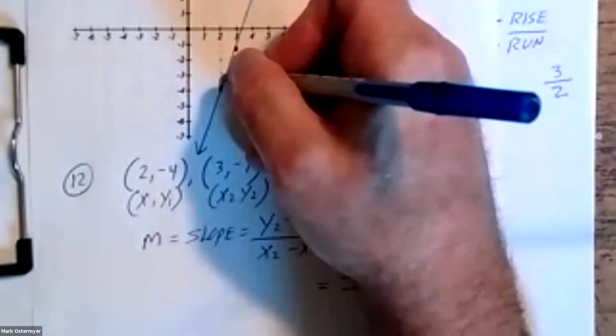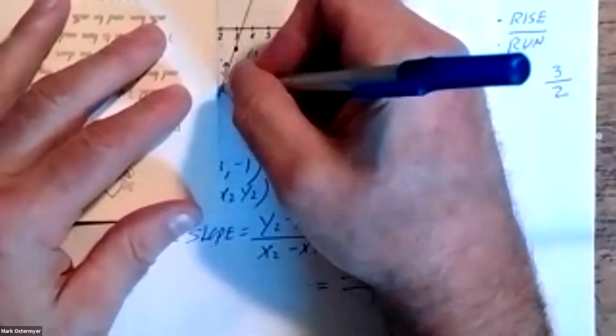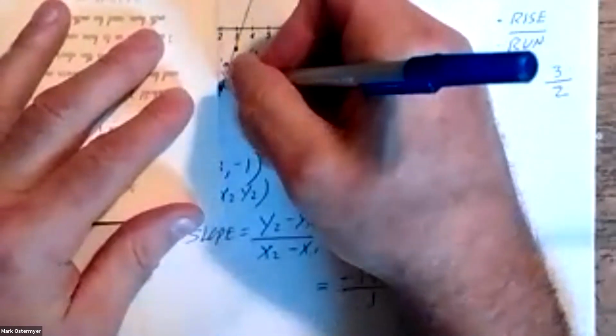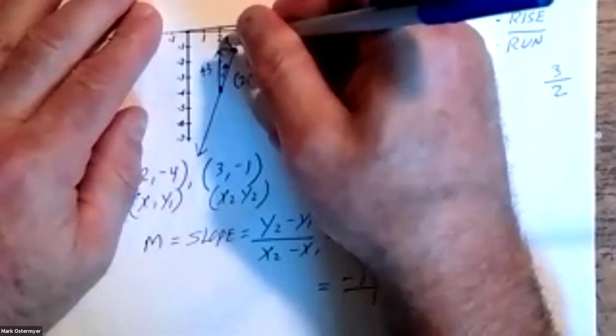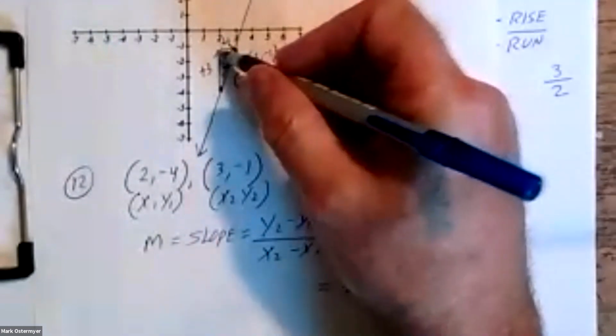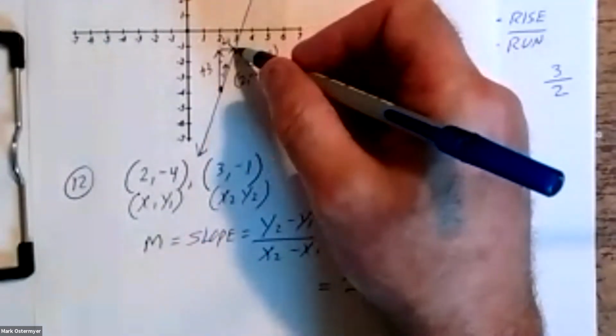So if you were to walk from this point up to this point here, you would experience how much rise? You would experience 1, 2, 3 units of rise. And how many units of run? Plus 1 unit of run. And that's why the slope of this line is 3 over 1: 3 units of rise per 1 unit of run. So the slope of that line is 3.